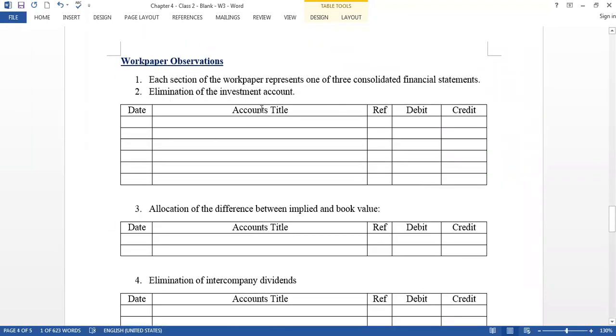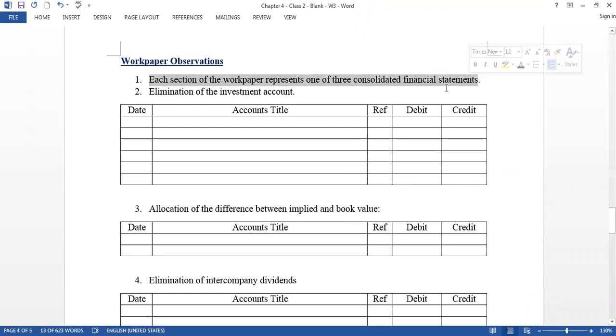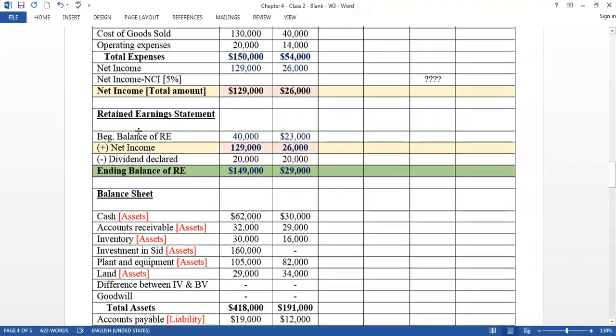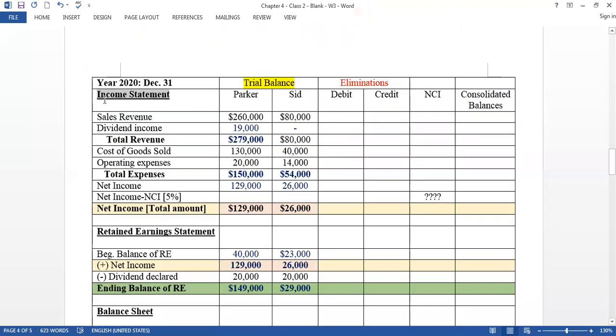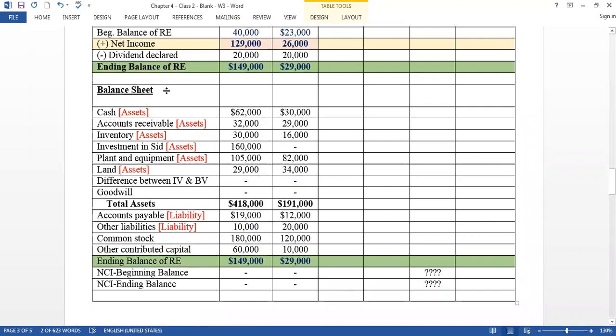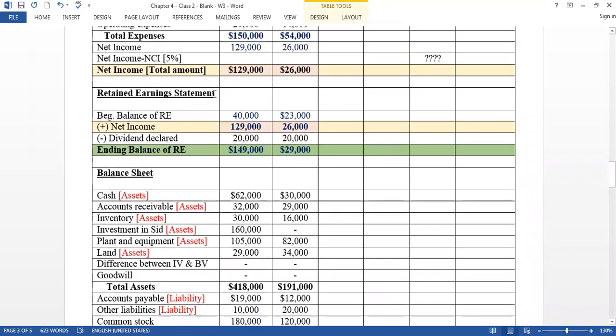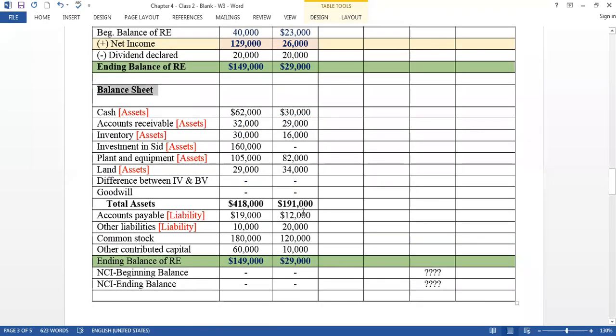Let's go to the journal entry, elimination. So we already did the first part, you can see. Each section of the worksheet represents the 3 consolidated financial statements, like the income statement, balance sheet, and retained earnings. We already did the income statement, the retained earnings, and the balance sheet.